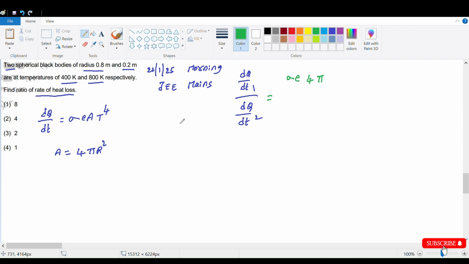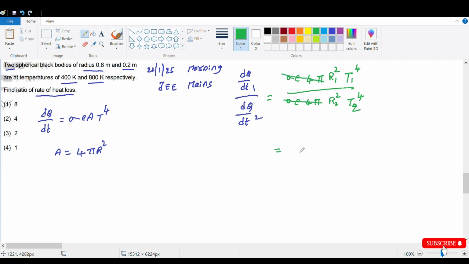First one radius, 4 pi r square, so sigma E area 4 pi r square, r1 square T1 power 4 by sigma E 4 pi r2 square T2 power 4. See, sigma E 4 pi get cancelled.